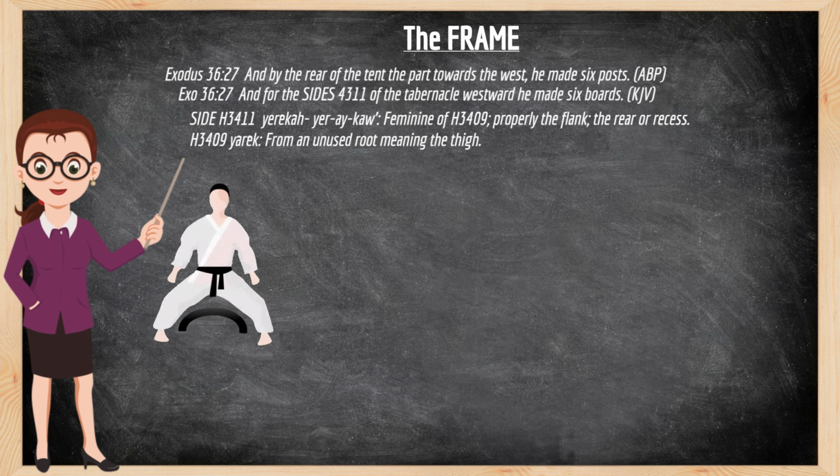So, isn't that fascinating how the tabernacle is constructed like a human body with elbow joints, ribs, and thighs? So we can make an educated guess as to their lengths. Since the goat hair curtains are 4 cubits, or about 6 feet tall, each of the 6 posts were most likely 4 cubits each, or 6 feet tall.